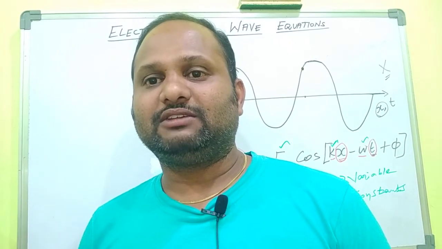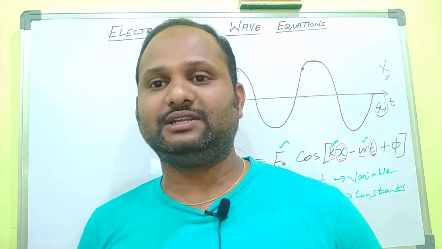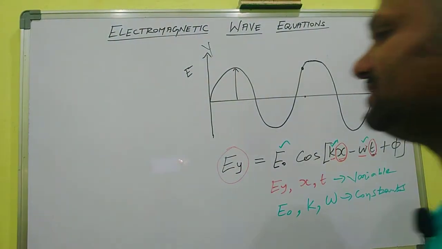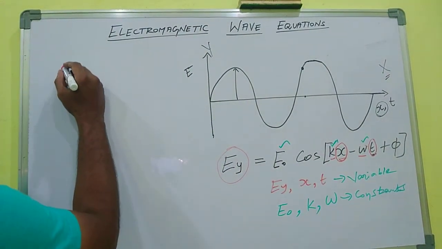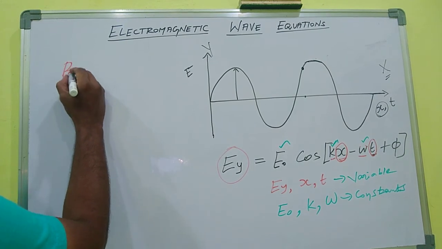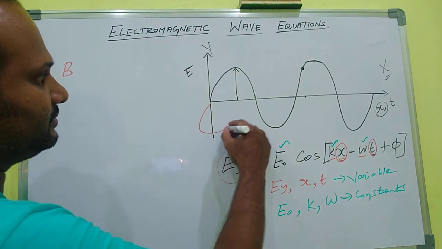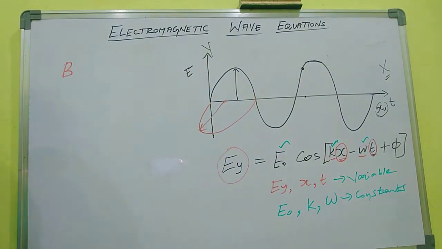In an electromagnetic wave, the electric field is represented by this equation. How is the magnetic field represented? The magnetic field is represented by an equation similar to this one. Here the magnetic field propagates in the Z direction.